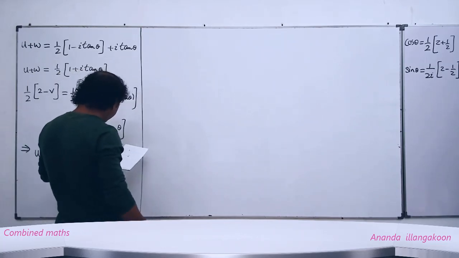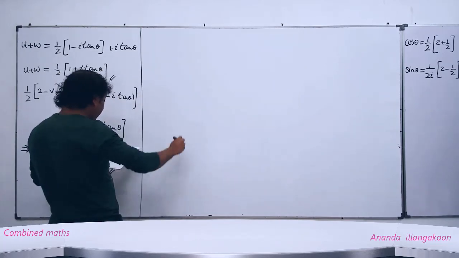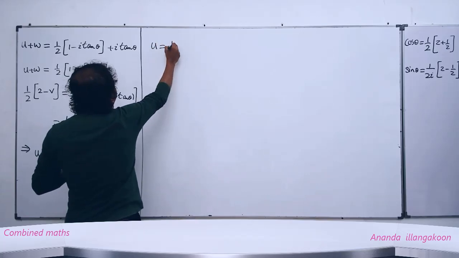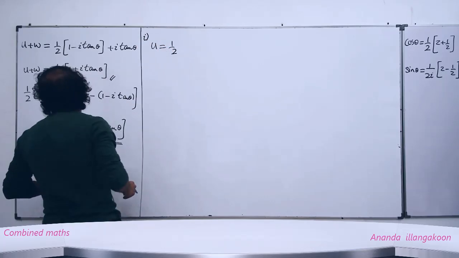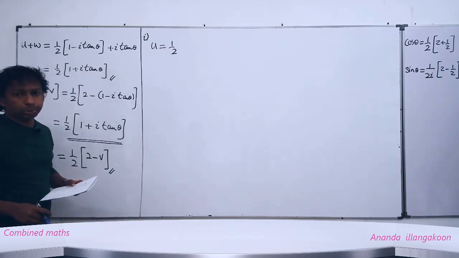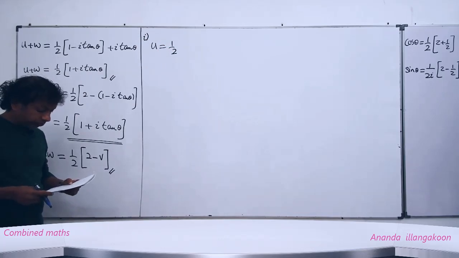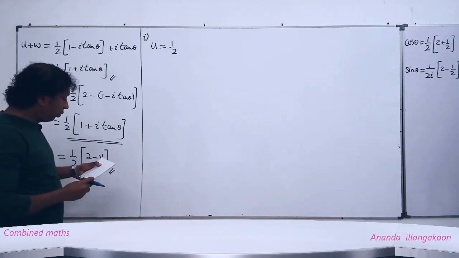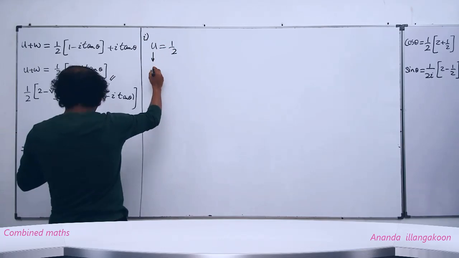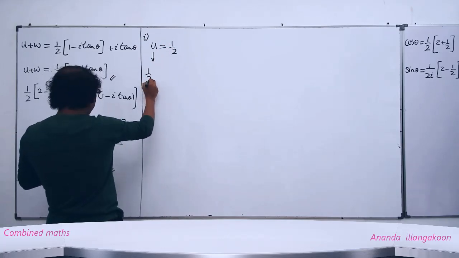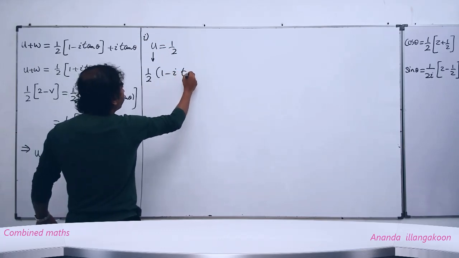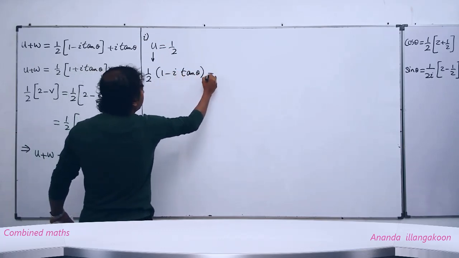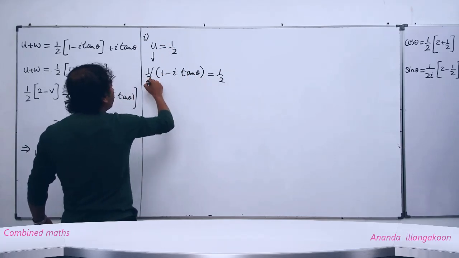Right, there you are given U equals half. Part 1. U equals half. But what is U? U we proved to be half (1 + i tan theta) equals half. This and this you can cancel down.